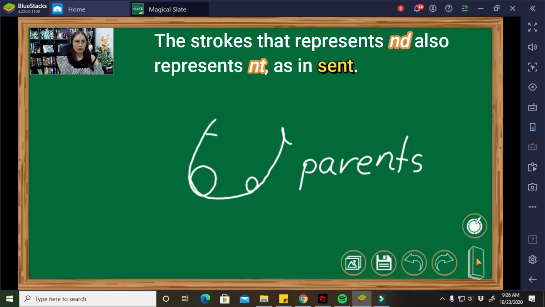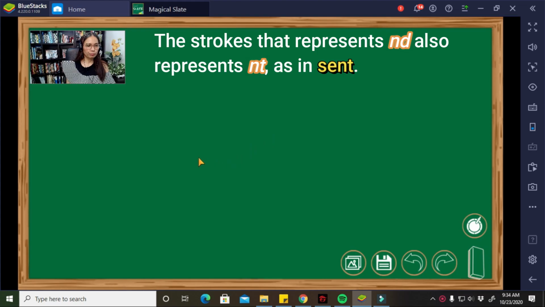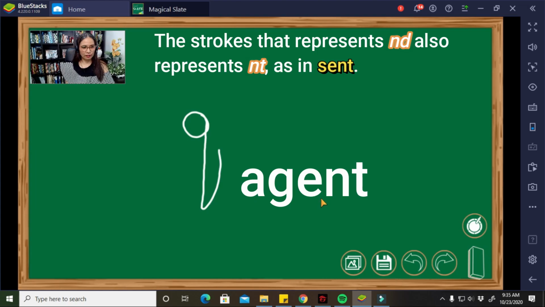Very good. Next example. We do have here a big circle and a downward straight line. And then a blending symbol there. So the word is agent.